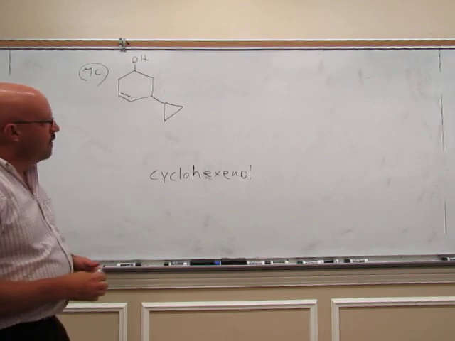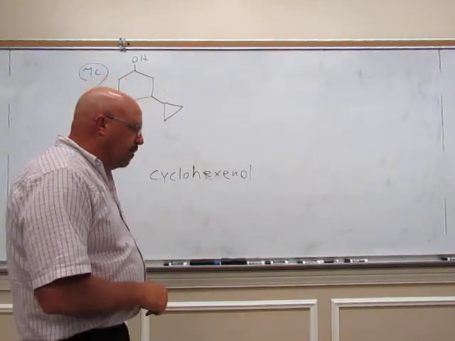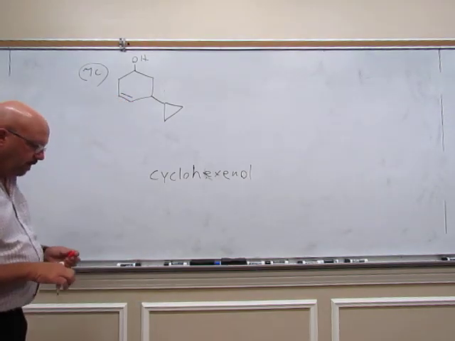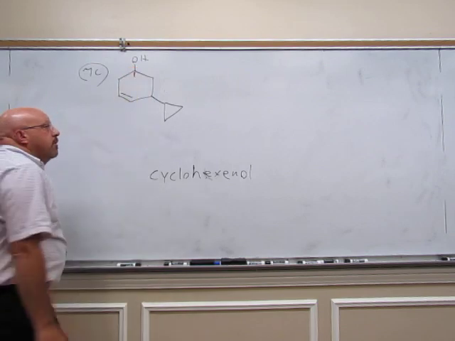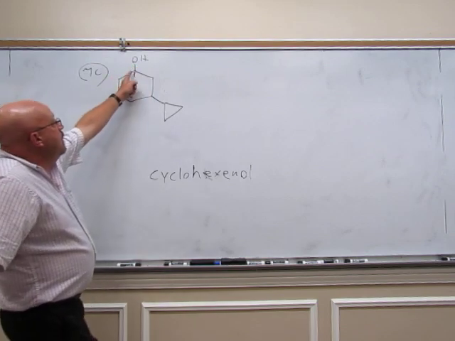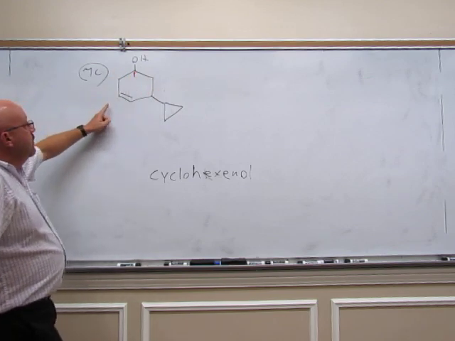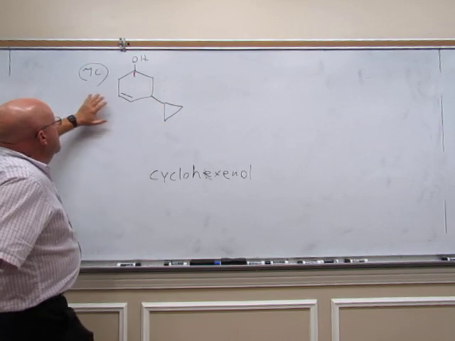Now we need to number that ring so we know where everything is at. The alcohol takes precedence in numbering. So the carbon there with the alcohol is going to be the number 1. Now we got to figure out, do we go clockwise or counterclockwise? The alkene takes precedence over the substituent in numbering.